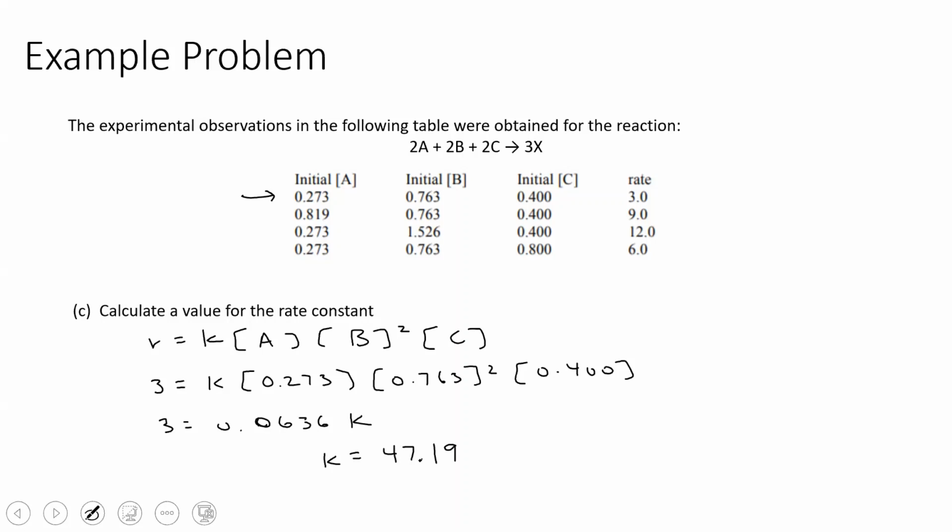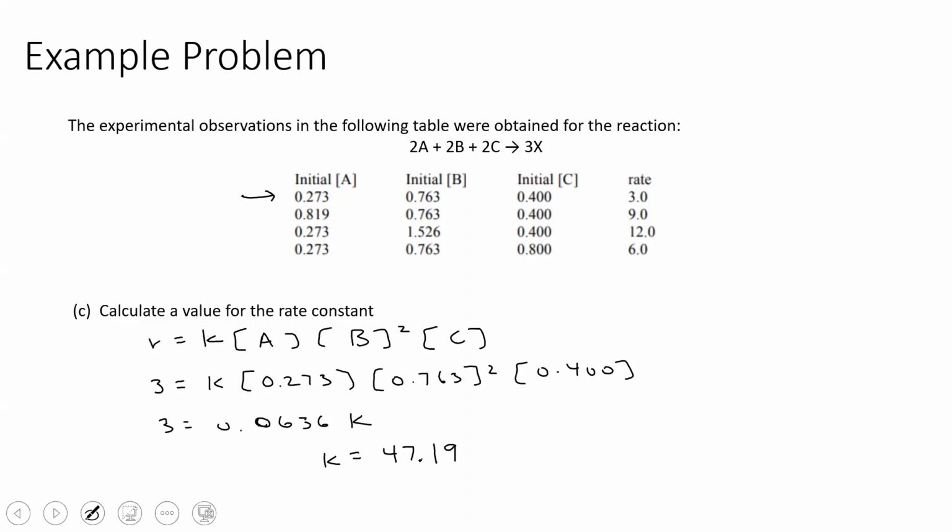Now, typically your K is not that large. For the sake of simplicity, I did take the rates and make them much larger just for this example. So learn about what we're doing rather than what the numbers should look like. This is an extremely large K value.